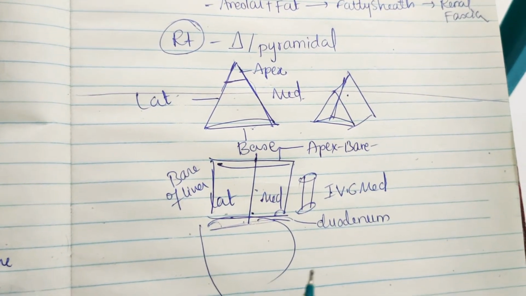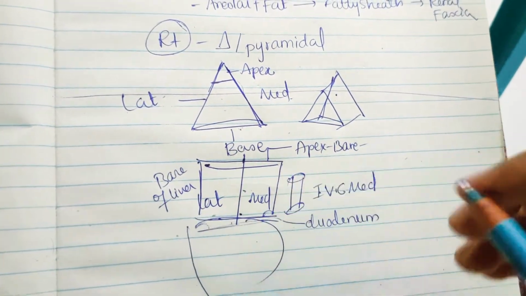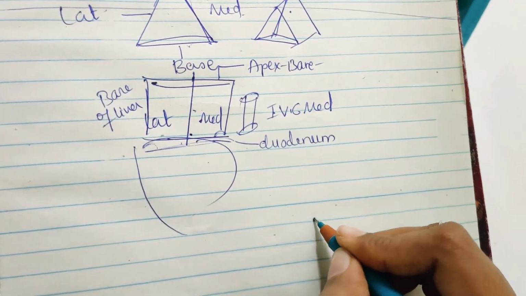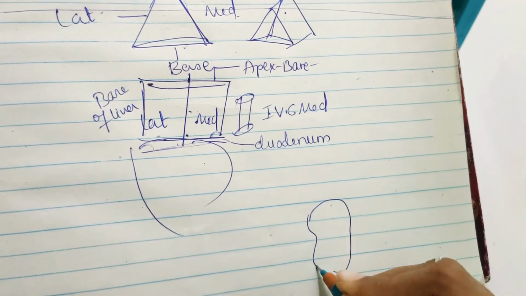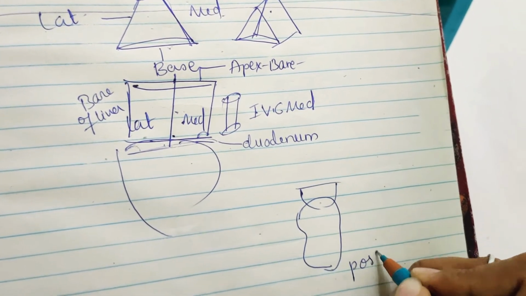Now we have discussed the anterior surface relations. Coming to the posterior surface, let us draw it. For example, this is a kidney, this is the posterior surface of a suprarenal gland.